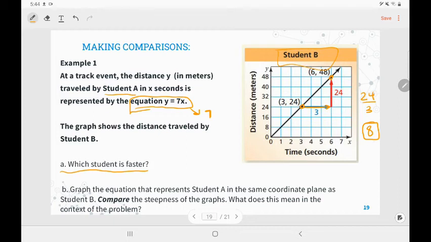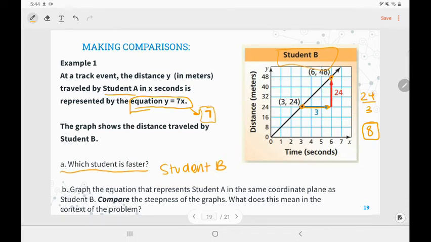So which student is faster? The one who runs more meters every second. So student B is faster. Now let's go ahead and graph the equation that's represented by student A so that we can compare this steepness. So student A has a slope of 7.